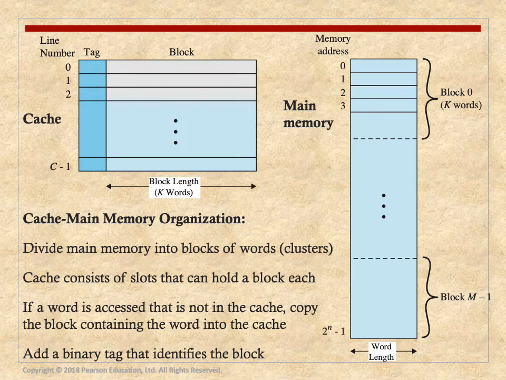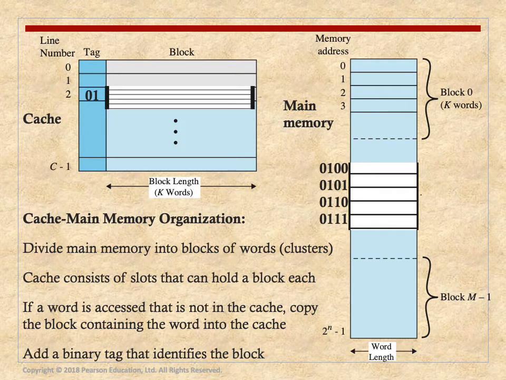Now, if the processor wants to access a word that is not contained in the cache, then the block that contains the word needs to be copied from the main memory to a cache slot. Either there will be an empty cache slot that can be used for that, or the content of an occupied cache slot needs to be replaced. If a new block is added to the cache, then a binary tag is added to the block such that it can be uniquely identified.